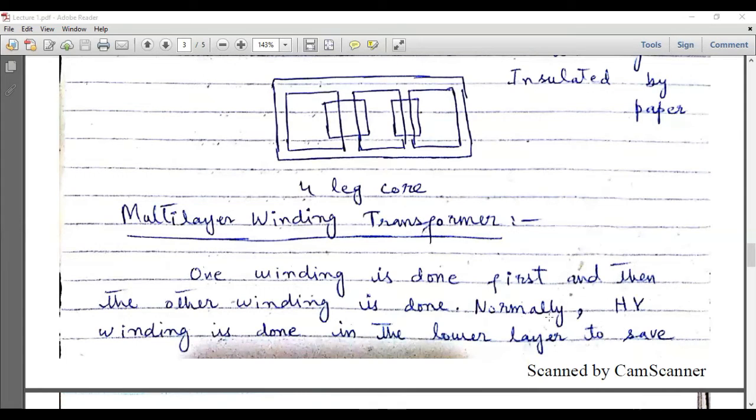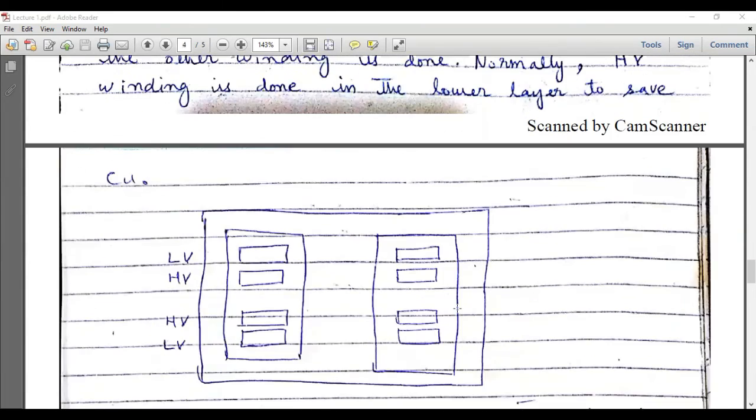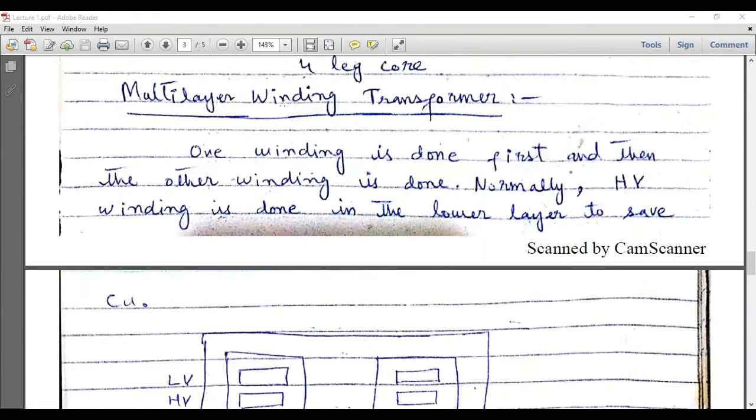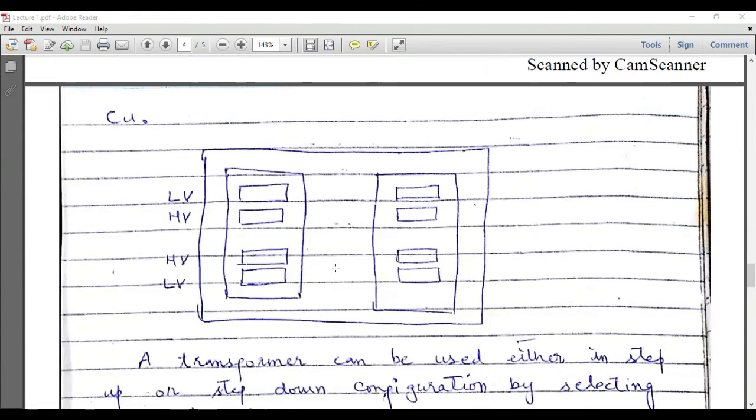For the low voltage side, the diameter will be higher, but we do the winding at the upper layer, and the number of turns will be less in that case, so we can save a substantial amount of copper for doing the winding if we are doing the multi-layer winding at the transformer.